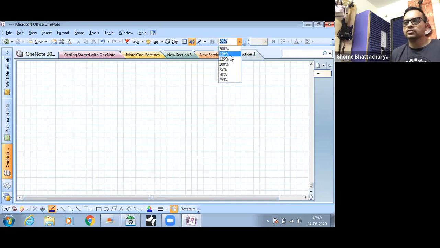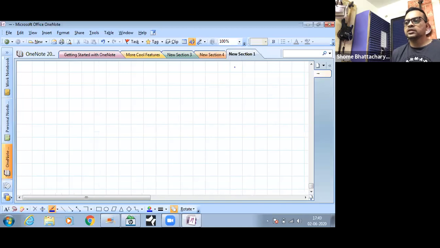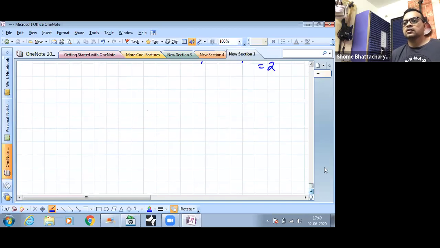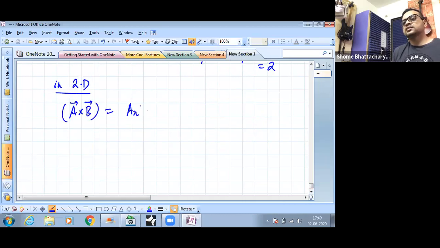Very good. So now we can see that we had written the formula earlier that in a 2-dimensional system, A cross B had become this thing, Ax By minus, yeah, just a moment, I'll scroll up, Ay Bx times k cap.